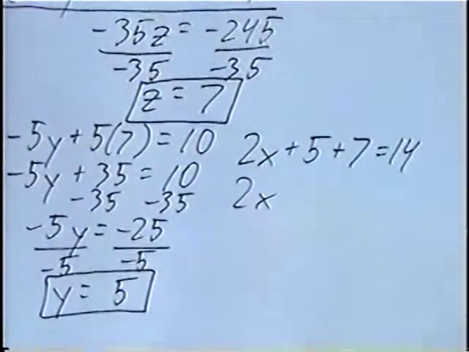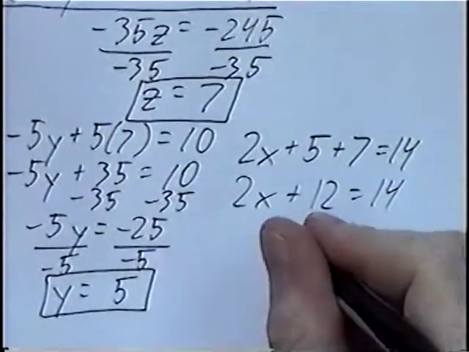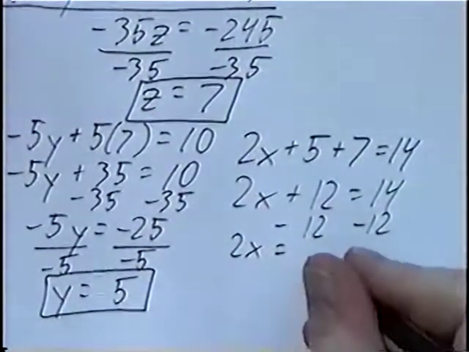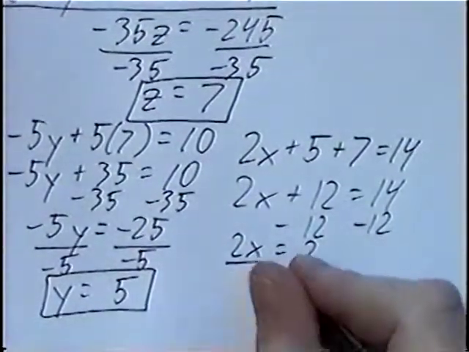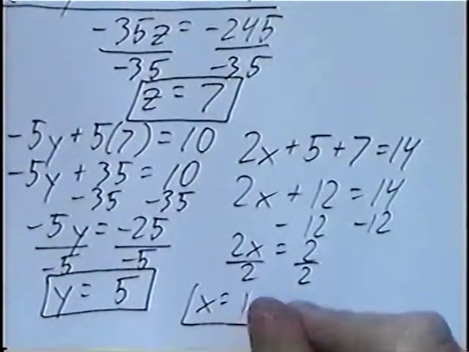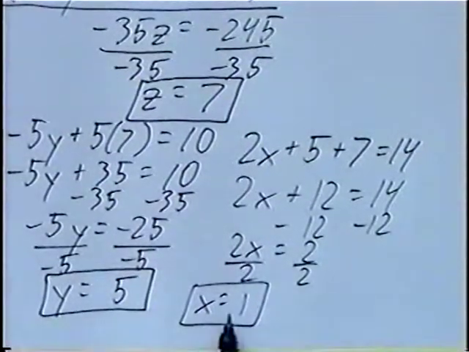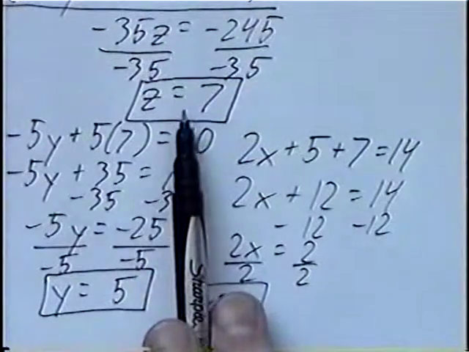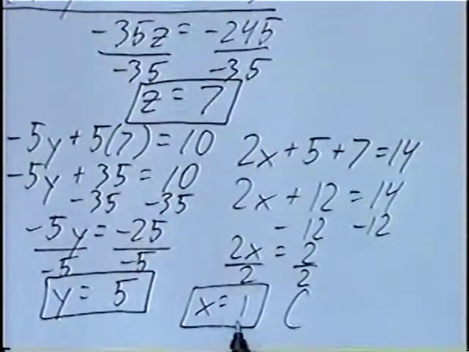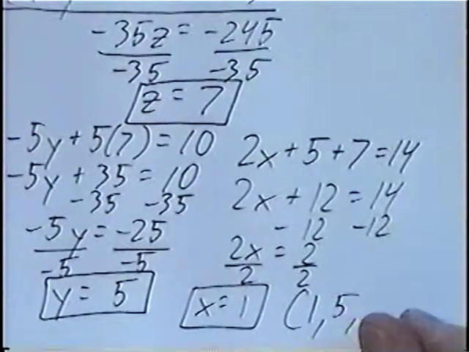Solving from here, 2x plus 12 equals 14, minusing the 12 on both sides, 2x equals 2, and dividing, we'll have x equals 1. So we have three answers for the question: x equals 1, y equals 5, and z equals 7. And again, you can write this as a point x comma y comma z, which would be 1 comma 5 comma 7.